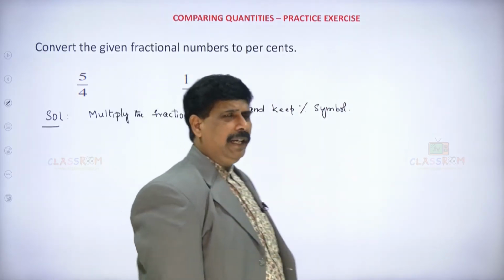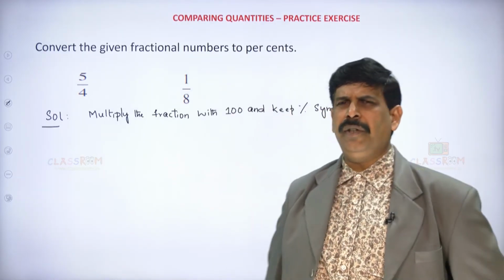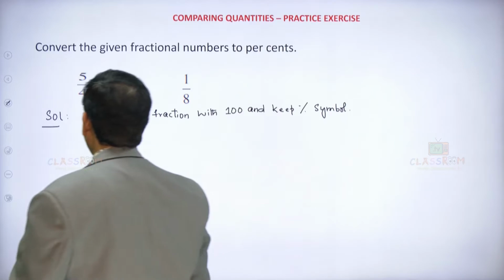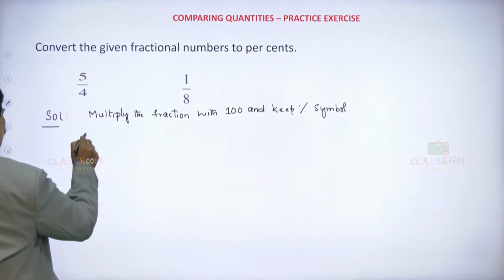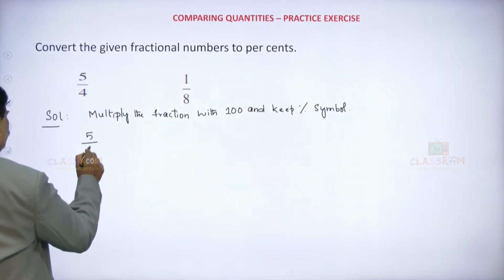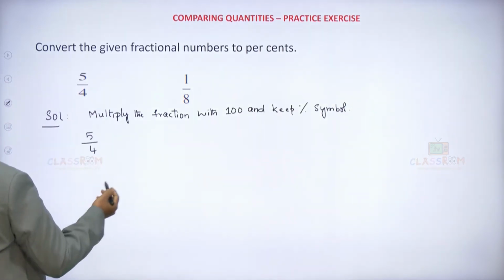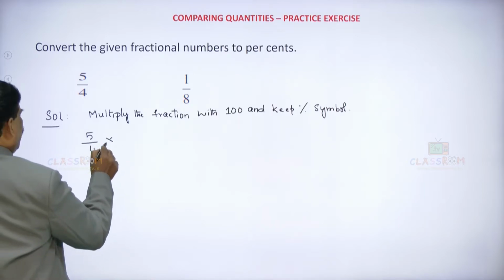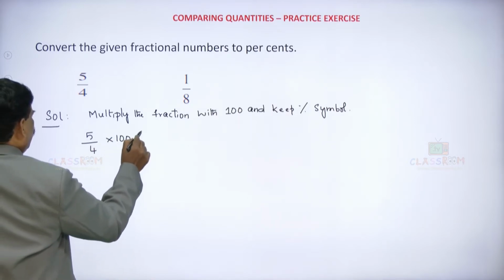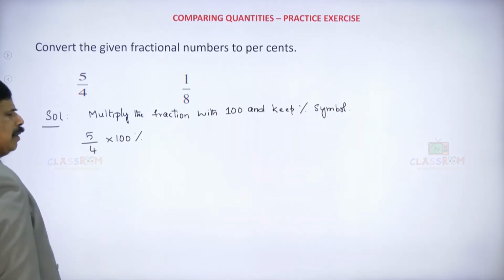You have to multiply the given fraction with 100. So now 5 by 4 is given. What to do now? This should be multiplied with 100. Keep the percentage symbol.